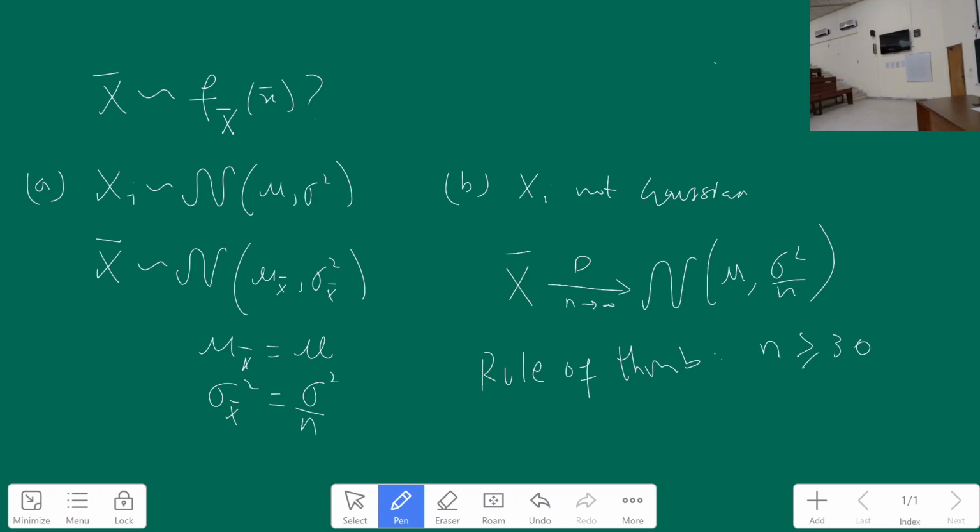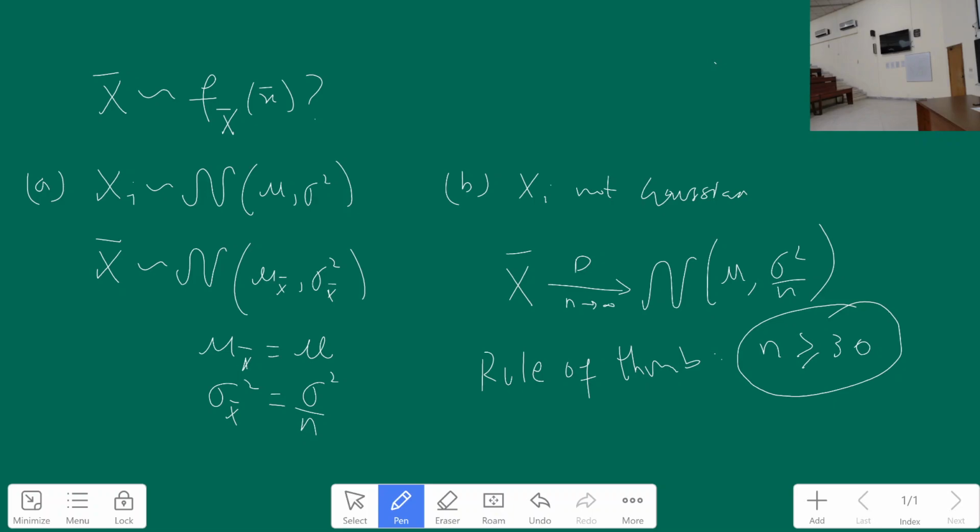This is a result of the central limit theorem. So for sample size n greater than or equal to 30, you are in safe hands. For sizes smaller than that, it will really depend on what these distributions are.